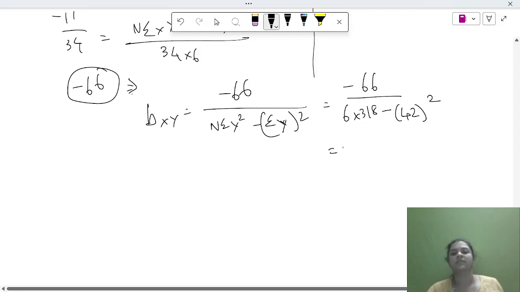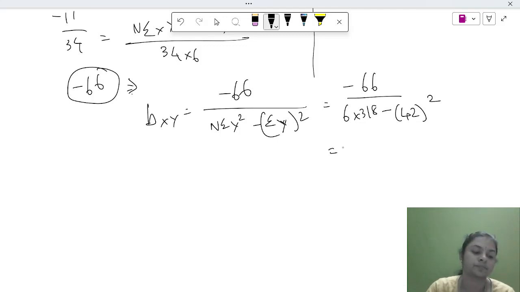That's all. Substitute, find the answer, which is 0.458.